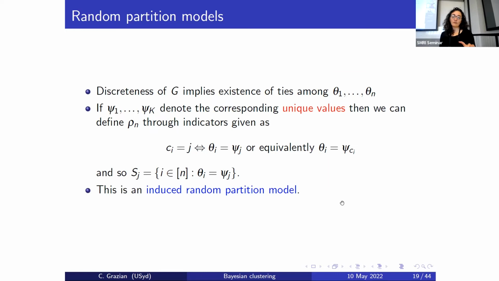So you can have a variable giving you the allocation of each observation i, which is equal to a particular cluster. And this means that the parameter of that particular observation is equal to one of the possible unique values generated from the discrete distribution. So this is what is called an induced random partition model, because you model the observations to then derive a model for the partition.